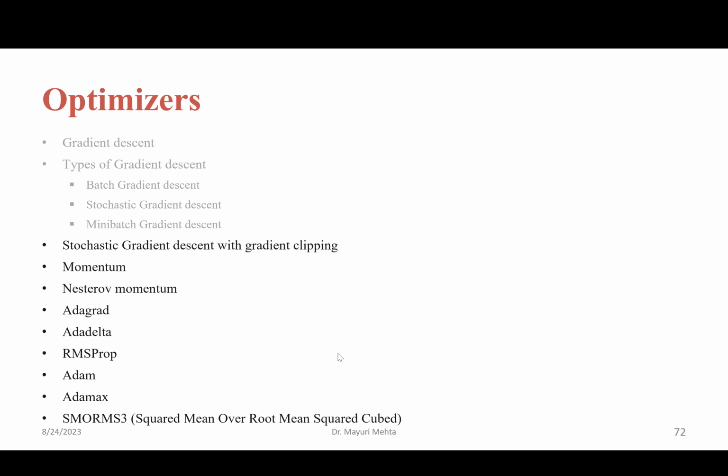Stochastic gradient descent with gradient clipping. I'll just tell you how it differs from stochastic gradient descent. It is a variant of standard SGD, which stands for stochastic gradient descent, that includes an additional step to prevent the gradients from becoming too large during training.